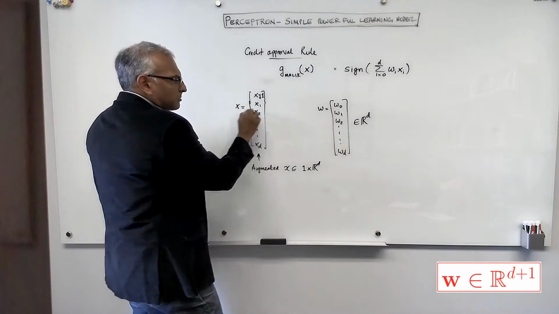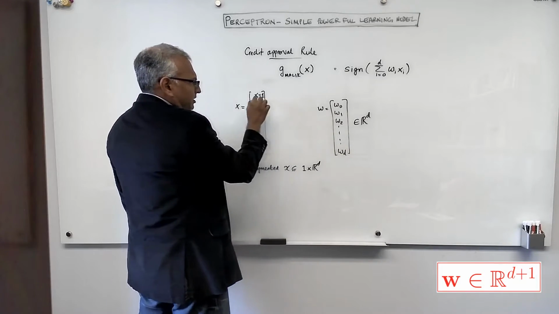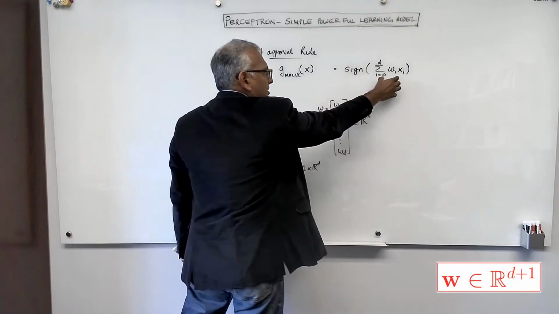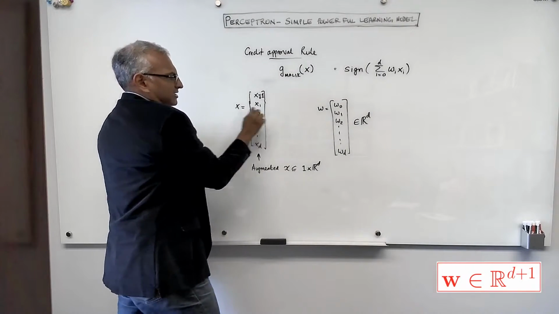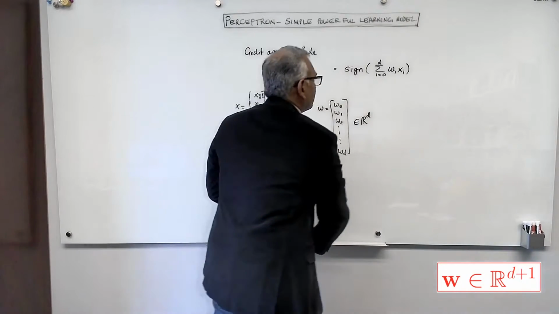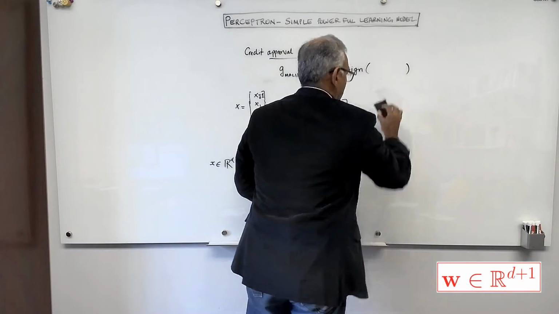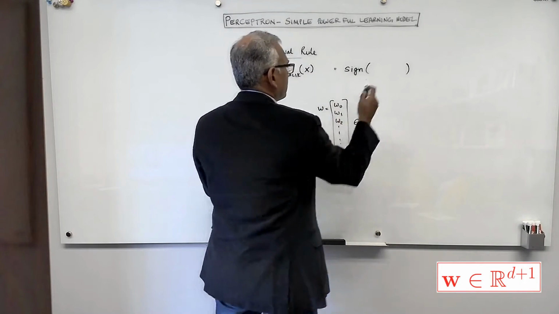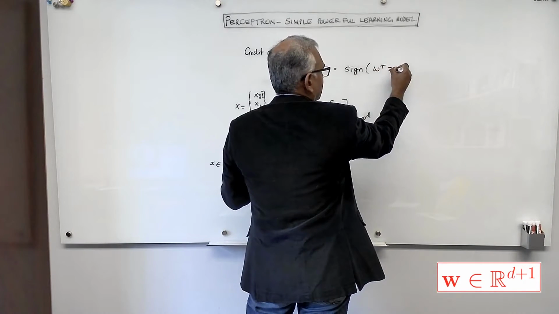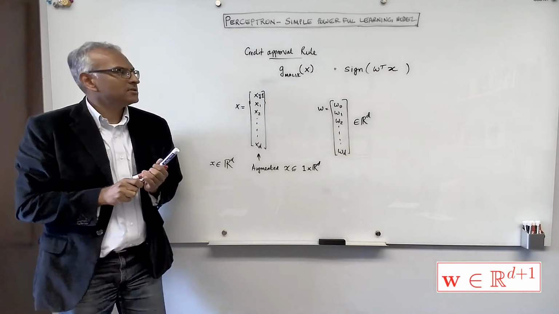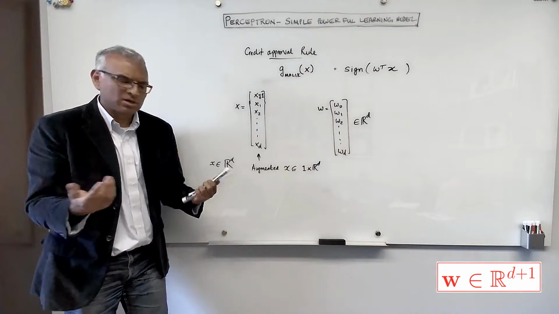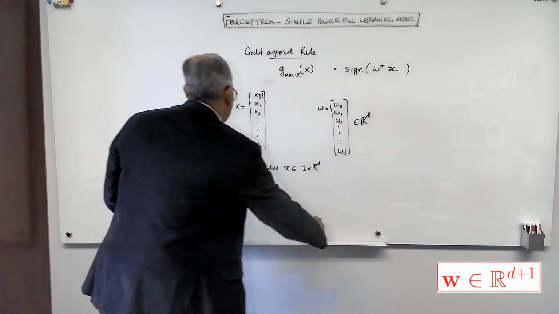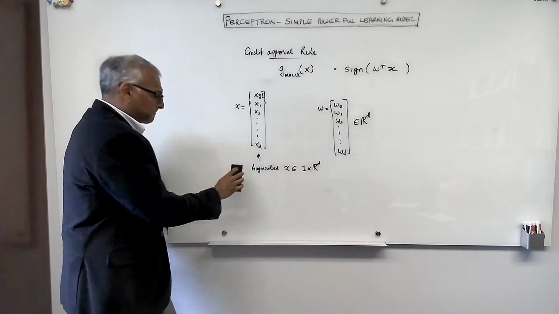Because with this representation of x and w, where the first component is always 1, this sum is exactly the inner product of x and w. So I can replace this sum with the inner product w transpose x. It's just a little bit more convenient. I don't need to keep writing a sum.